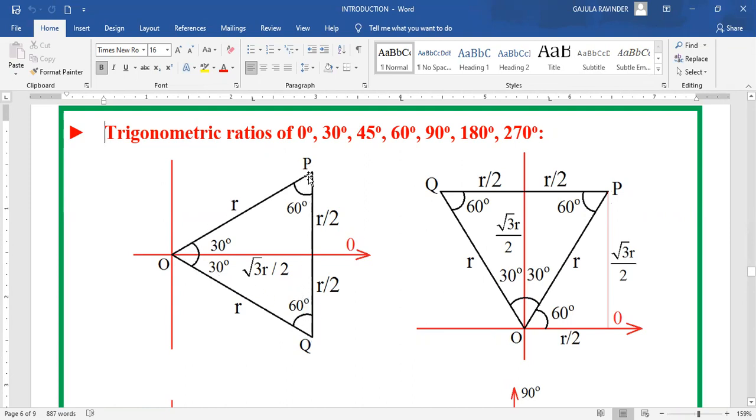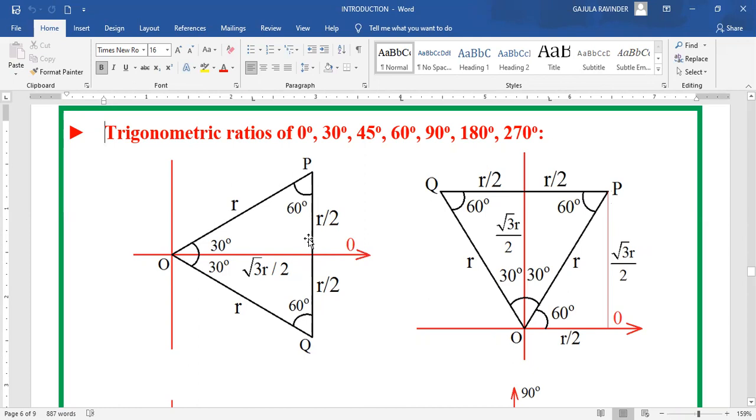Then this x-axis will bisect the angle at the origin, so this will be 30 degrees, this will be 30 degrees. And because this is perpendicular to the x-axis, so this is 90 degrees, hence this will be 60 degrees.